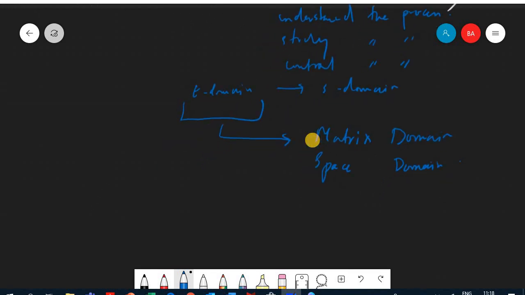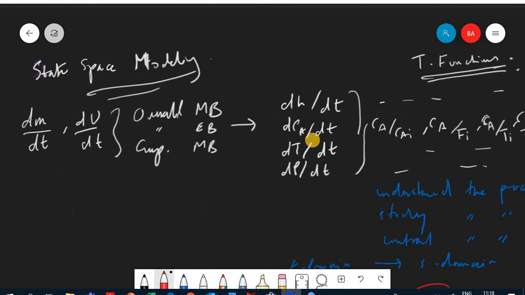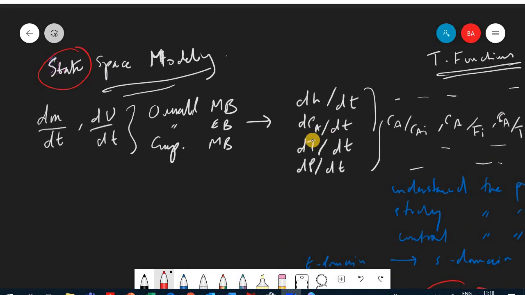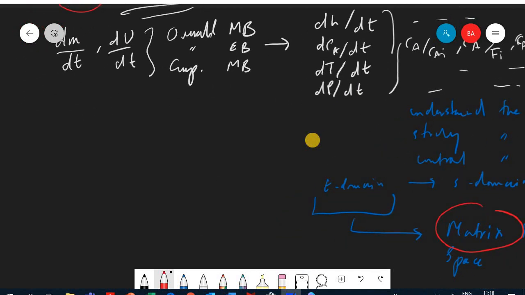In our state space model we have a matrix, and we have states, which means the differential equations. So we want to represent our system, with all our differential equations, in a matrix format.